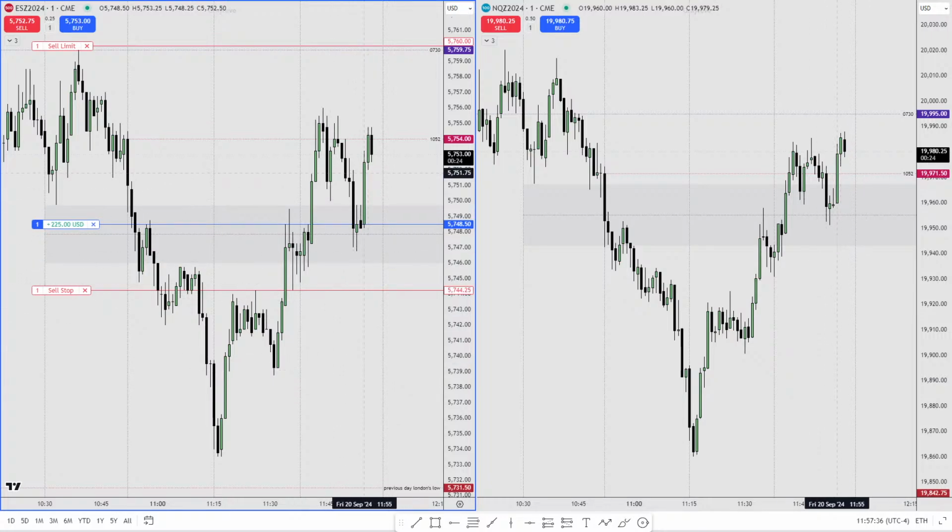Small little fair value gap here and here with the down close candle for NQ.